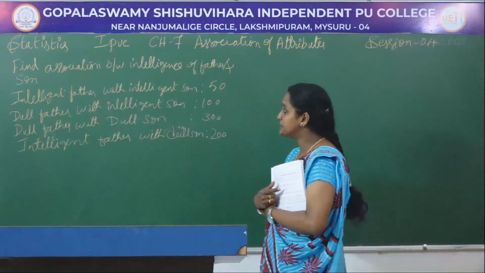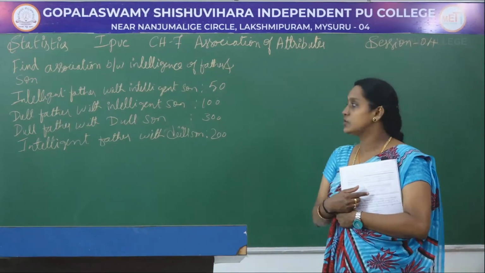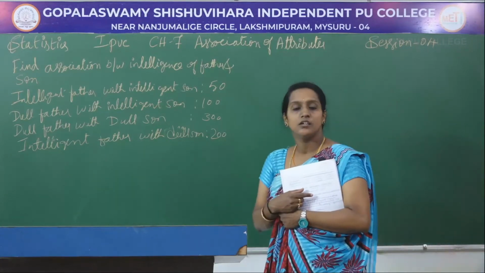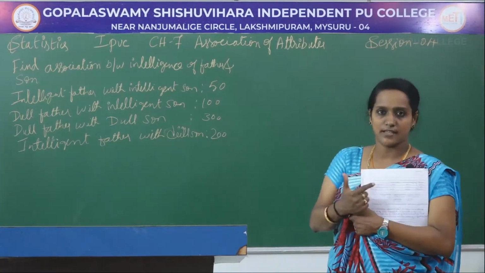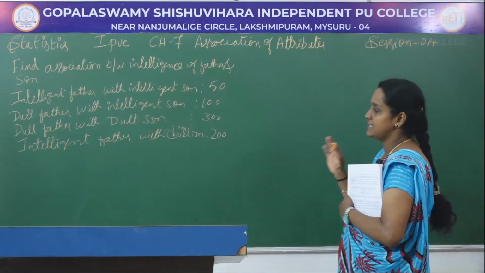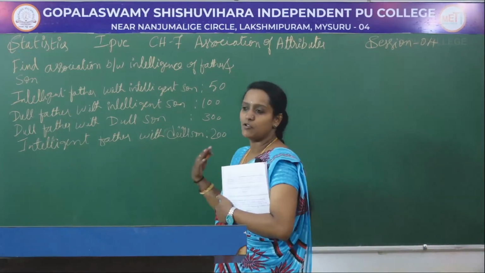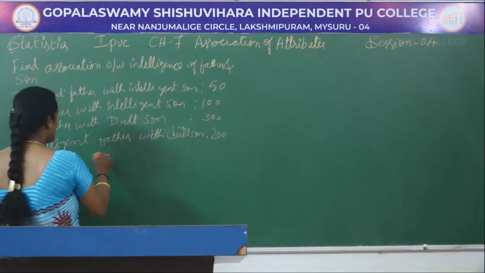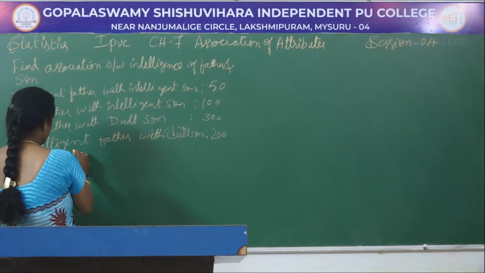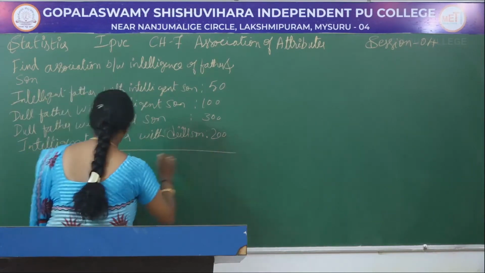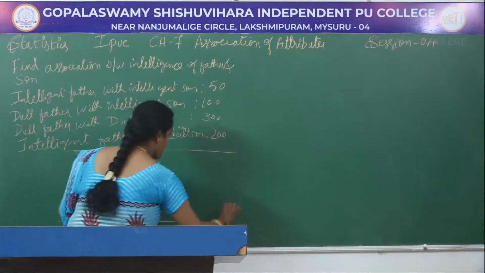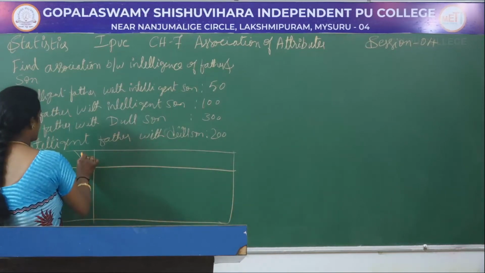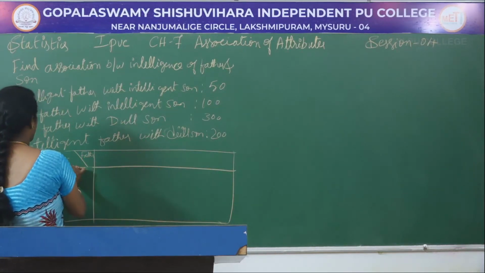For this we have to find out the Yule's coefficient. Here the two attributes are intelligent son and father. So intelligent father and the son, these are the attributes. First let us frame the table, then we will go for the Yule's coefficient. Here this is father, this is son.